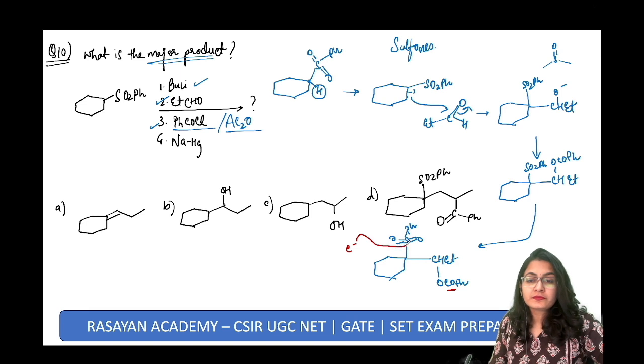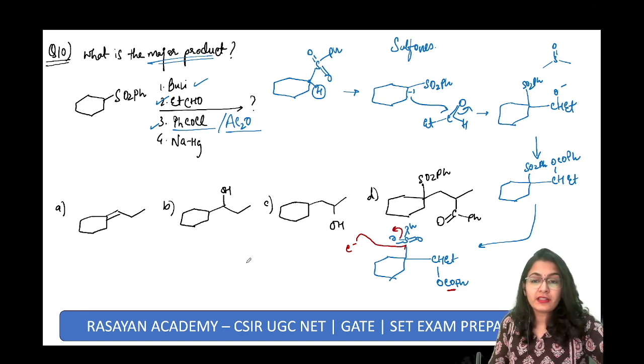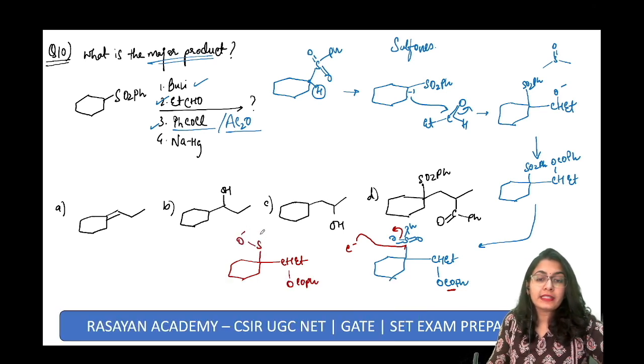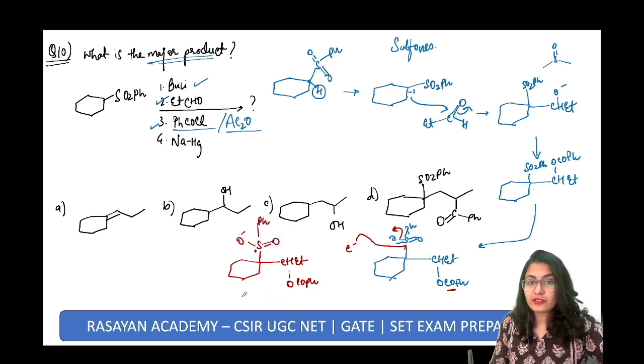So this electron transferred over sulfur opens up the sulfur-oxygen double bond. CHEt OCOPh as it is, nothing has changed. And here you have an O minus, a Ph, and a double bond O. Now there is also a radical on sulfur.